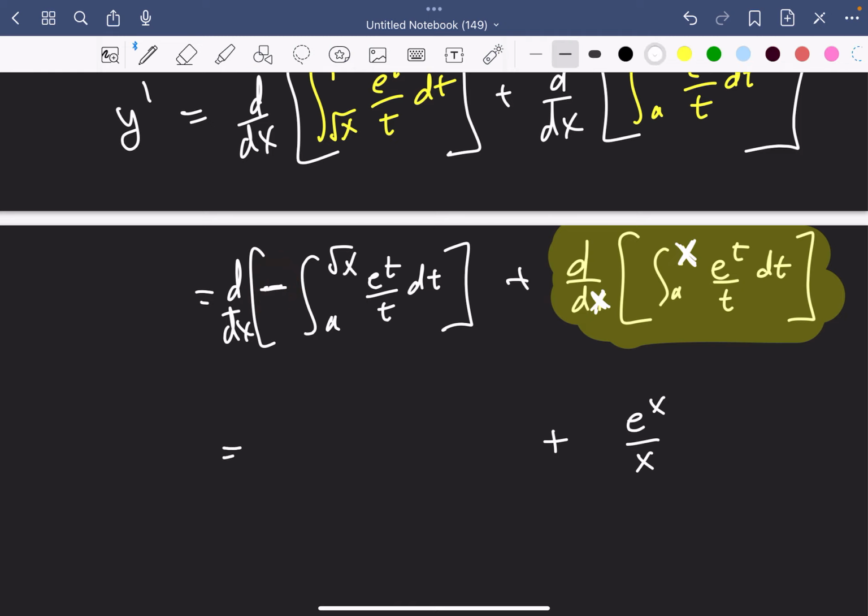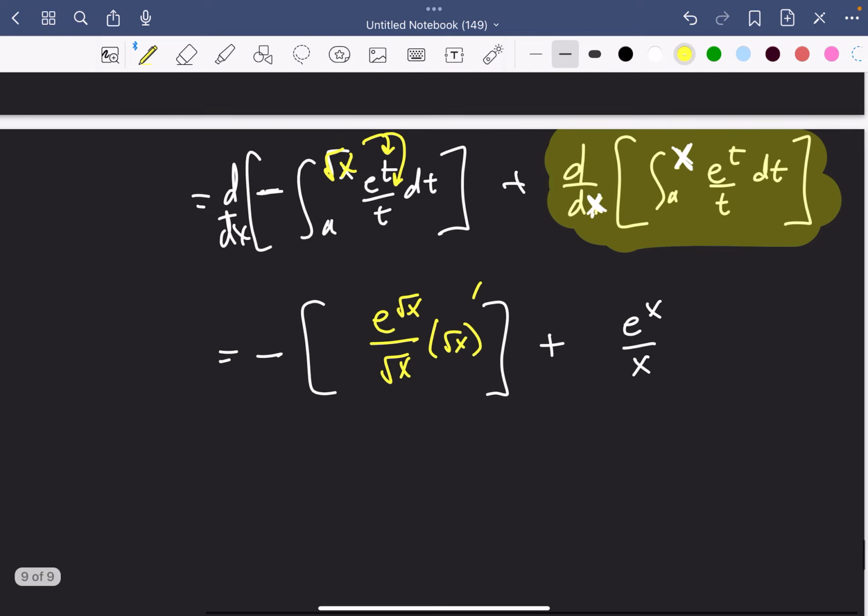I can just pull that negative out, right? It's going to be negative whatever the derivative of this is. Notice this and this cancel each other out pretty nicely so that this square root of x just goes in here. So we're going to get e to the root x over root x, right? But then we have to do times the derivative of that square root.